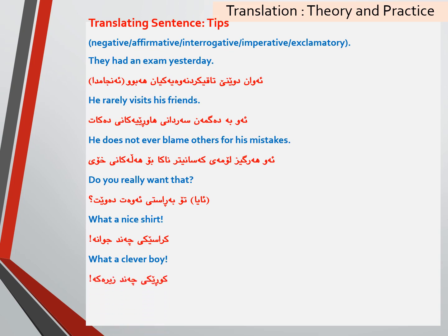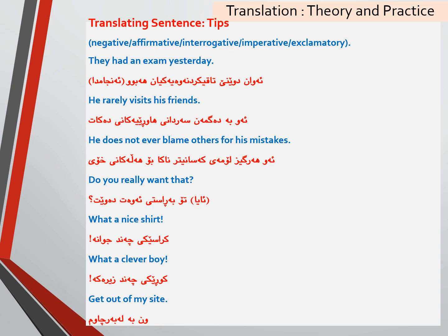For example, if you hear the sentence "What a clever boy", with an exclamation, maybe depending on the context, the speaker means he is not clever. کوڕێکی چەند زیرەکە. It may mean the opposite, but it depends on the context. Who said it, to whom, and under what circumstances. This is what we mean by context.